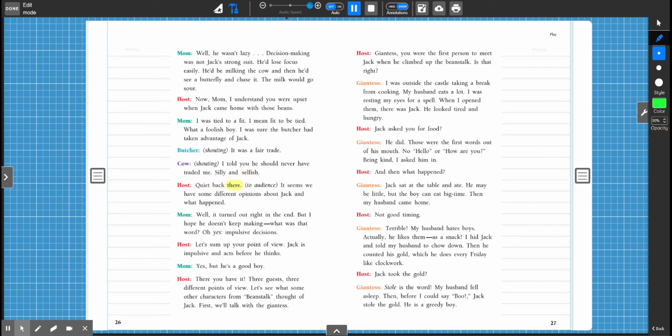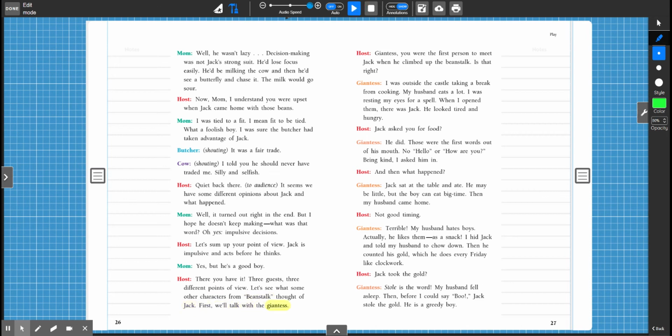Quiet back there. It seems we have some different opinions about Jack and what happened. Well, it turned out right in the end, but I hope he doesn't keep making, what was that word? Oh yes, impulsive decisions. Let's sum up your point of view. Jack is impulsive and acts before he thinks. Yes, but he's a good boy. There you have it. 3 guests, 3 different points of view. Let's see what some other characters from Beanstalk thought of Jack. First, we'll talk with the giantess.